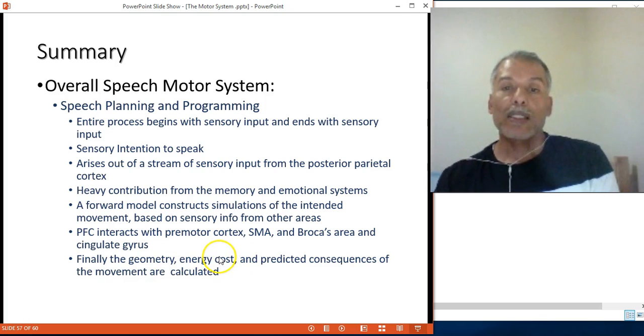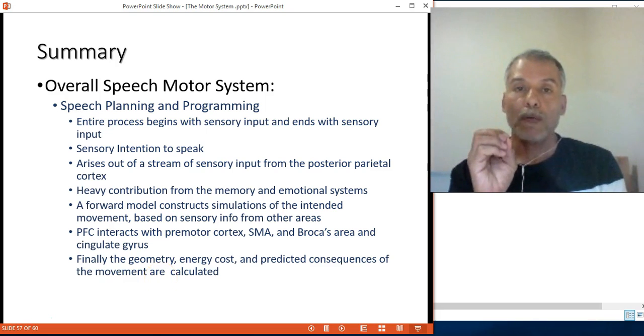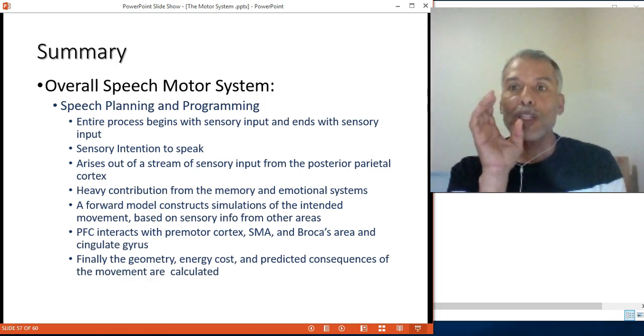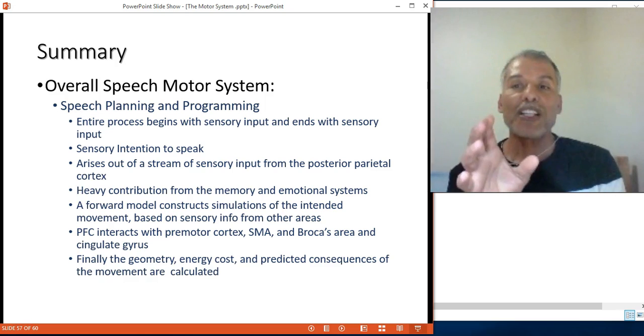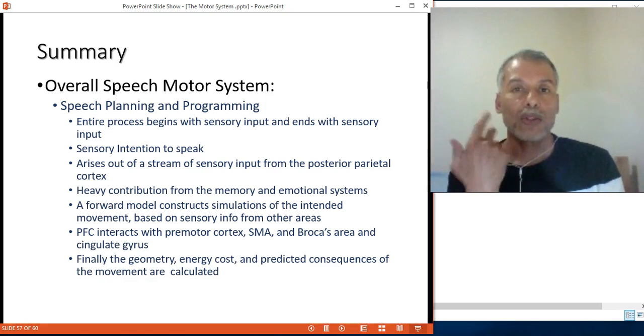And it calculates the energy cost. And also the predicted consequences of the movement are calculated. We said that the nervous system wants to conserve energy, and the motor system will calculate movements and compare them, and will go with the plan that is most energy efficient, and that has a higher likelihood of being accurate.